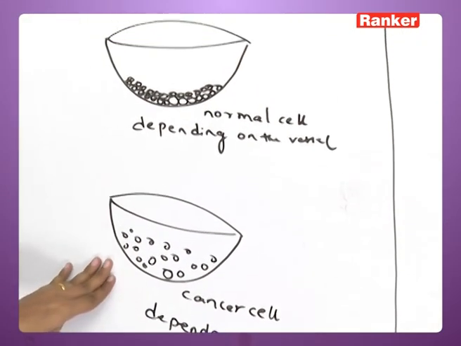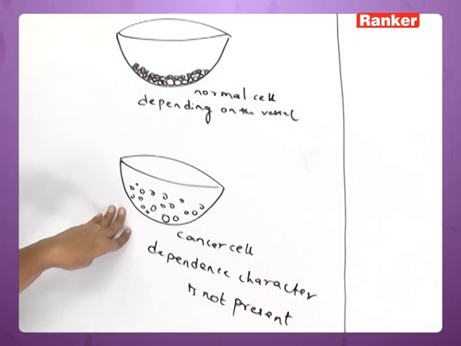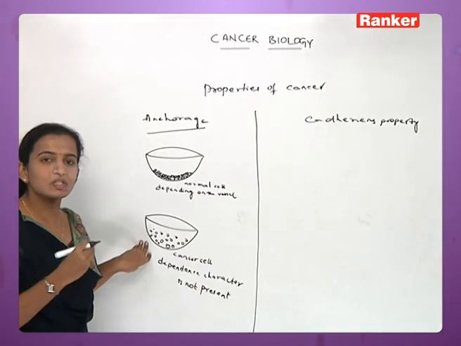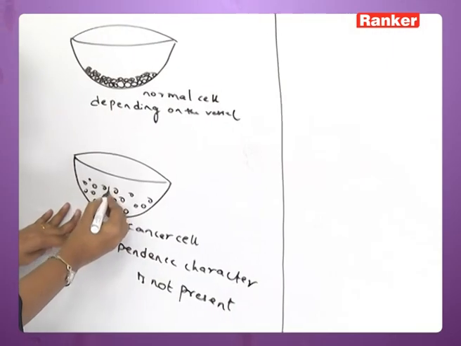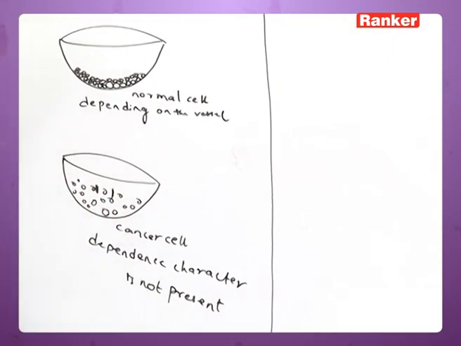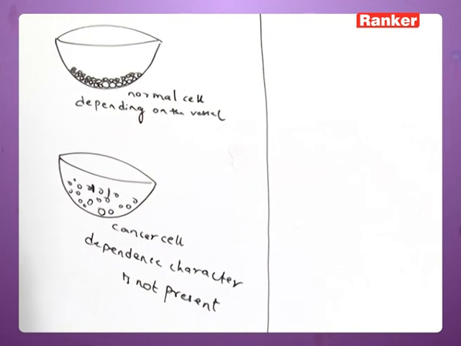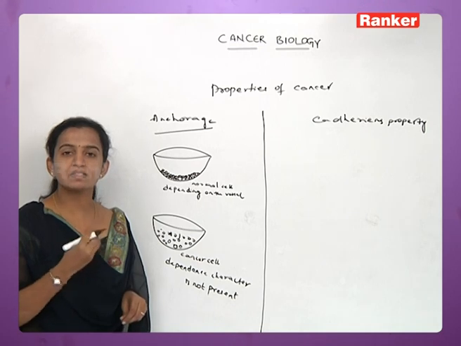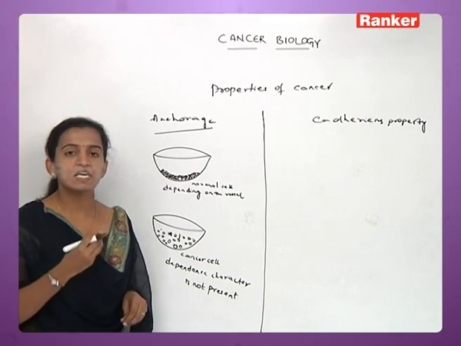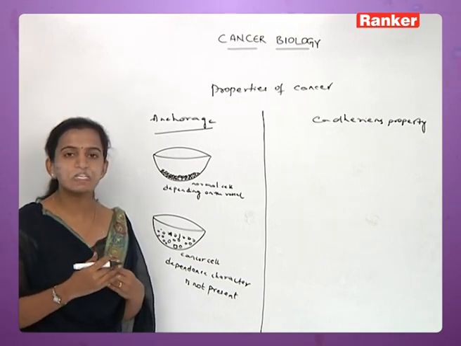But in the cancer cell, there is no such uniform growth. There is just growing, growing, growing, and you can see each cell has a lot of gap. That means if there is a gap, there is scope for another cell to grow. So in the cancer cell, each cell will grow tremendously, countlessly.